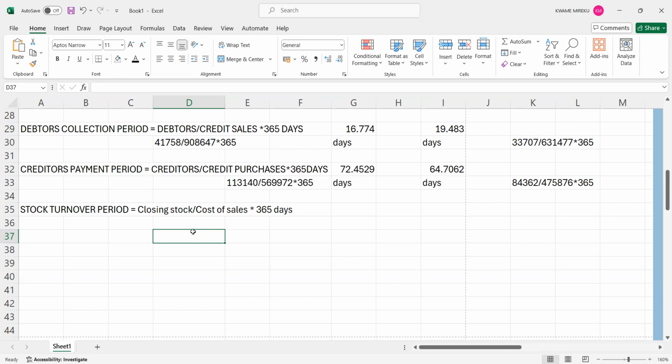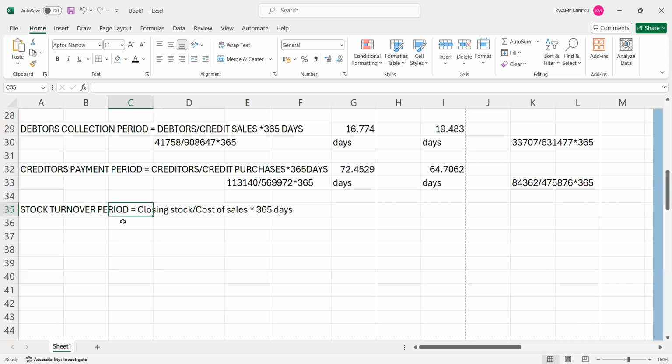So if you have a question and you cannot get average stock for the two periods, the time period and the benchmark, then my advice is that you use only the closing stock. So here, we go by the closing stock for each period instead of the average stock because there's no information to work out the average stock for 2022.